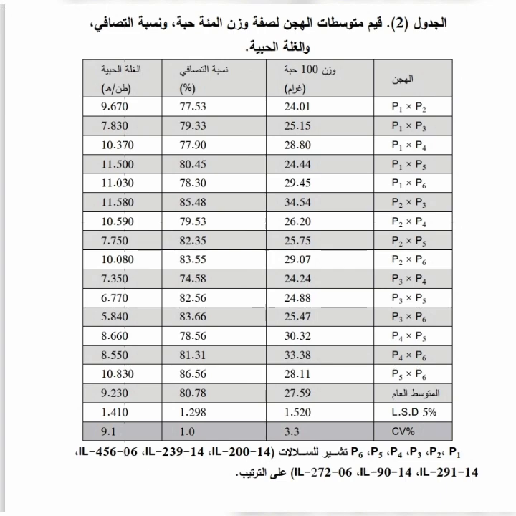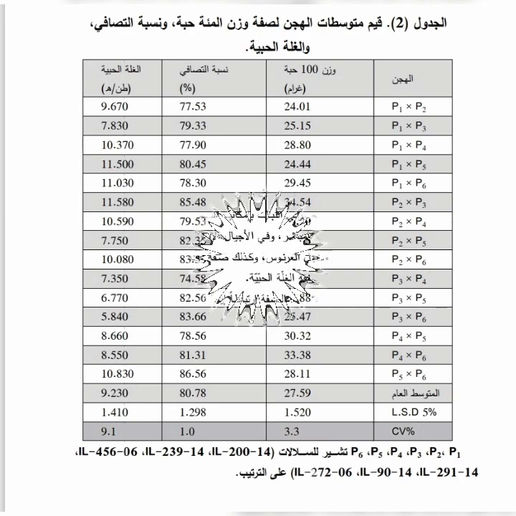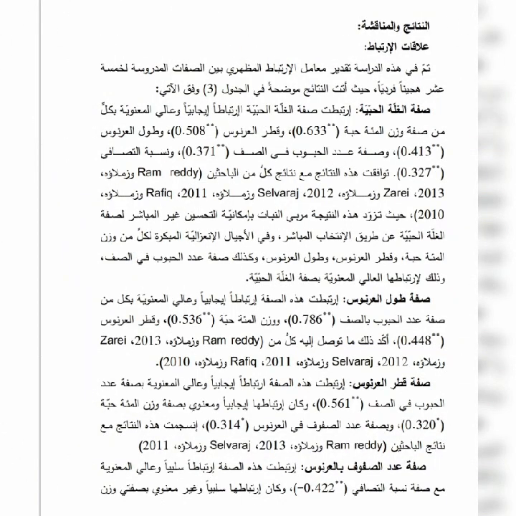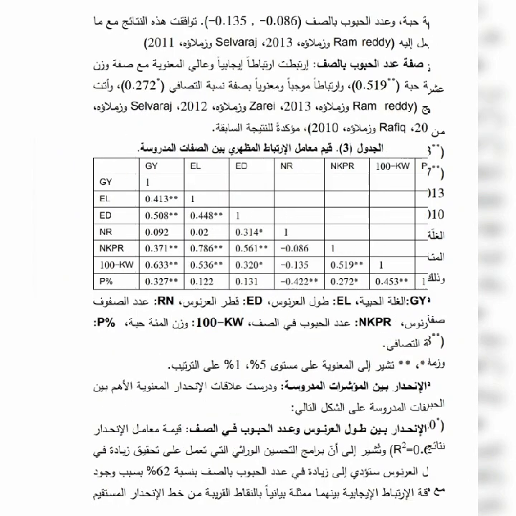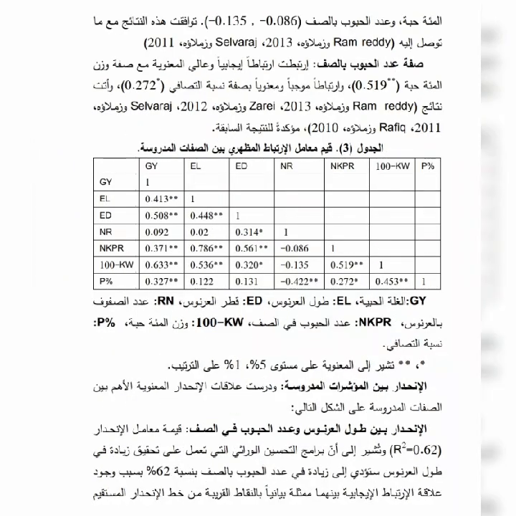In the study, boosting 100 kernel weight led to a predicted 40% increase in grain yield. Impressive. Increasing ear diameter predicted a 26% yield bump, while longer ears added about 17%. These results aren't just numbers, they're roadmaps for breeding programs. Now, imagine a skeptical farmer asking, isn't nature unpredictable?